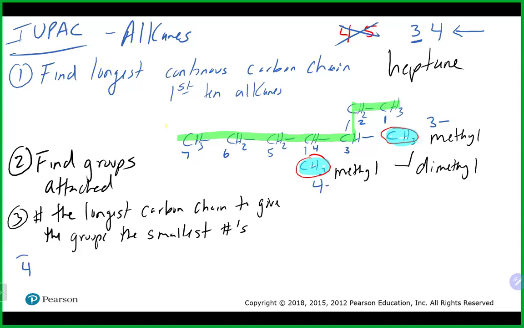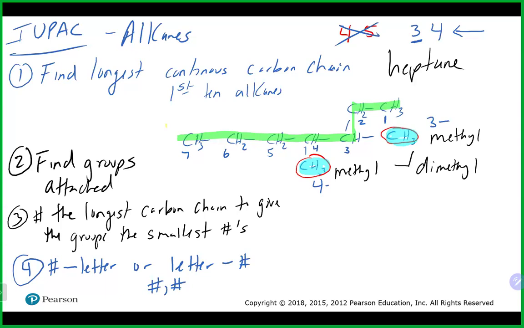So when we go between a number and a letter, or between a letter and a number, we do a dash. If you happen to have two numbers in a row, you do a comma between the two numbers. So these are some other things to add in there.